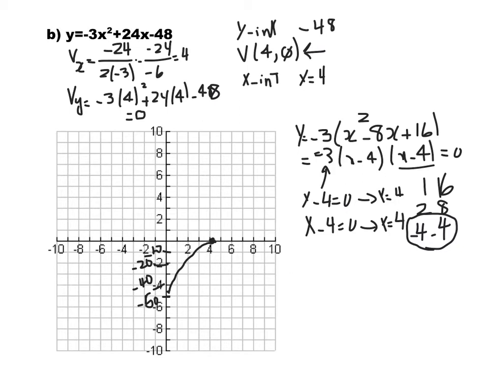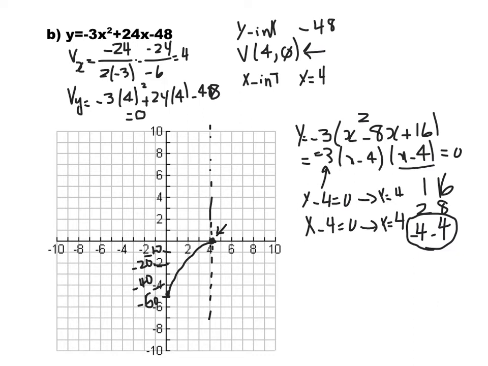Now to find the next point, to the right of the vertex, I'm going to use the property that the line which goes through the vertex is the line of symmetry. If this is the point to the left, and I go to the right the same amount, I'm going to hit the second point.